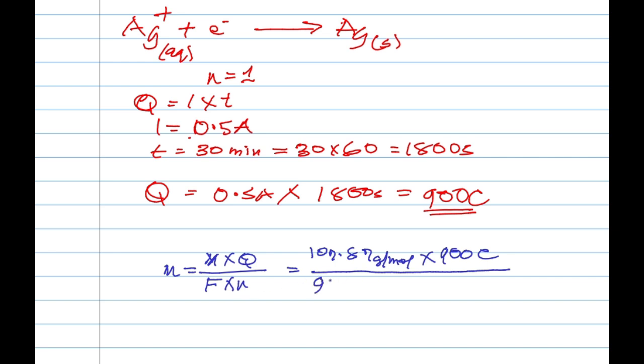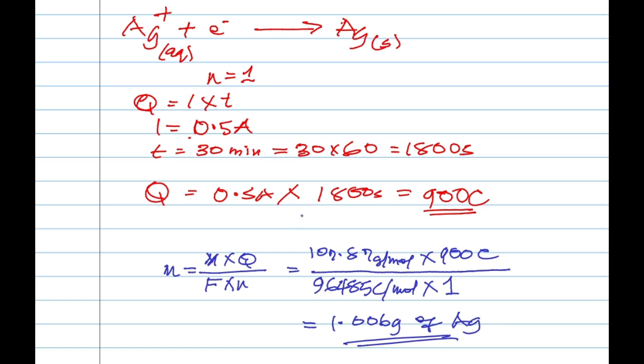The Faraday is 96500. I will use 96485 coulombs per mole, times the number of moles, which is only 1 mole. Remember, n is 1 mole over there. So if you press your calculator, you will get 1.006 grams of silver deposited at the cathode.